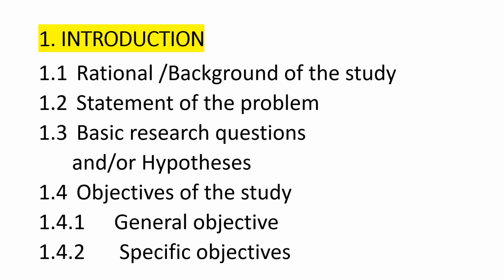Of these, in proposals, the first three can also be found. Of course, data analysis and interpretation and summary and conclusion are not there in the way we do in a research report.